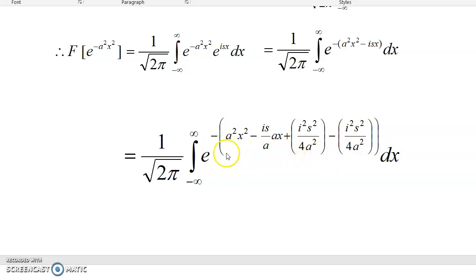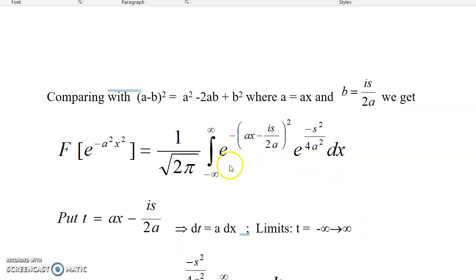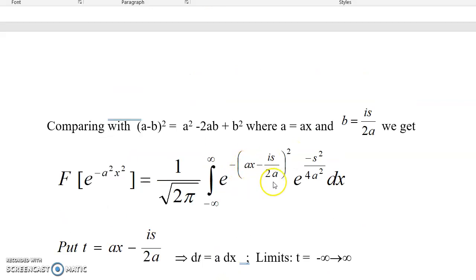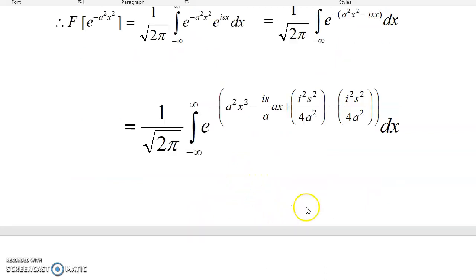Now look at this. A squared minus 2ab plus b squared. So these first three terms together will become the a minus b whole squared formula. So that's what we have written here. A minus b whole squared. So if you look, this is a squared minus 2ab plus b squared.